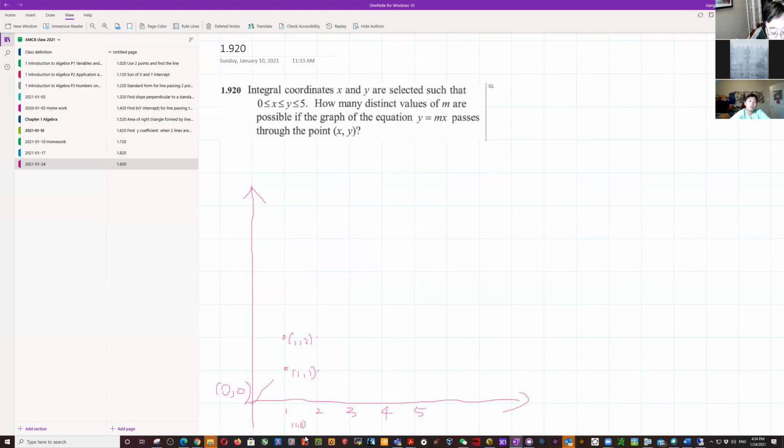So basically inside this area, 1, 2, 3, 4, and 5, inside this area is the working region. How many distinct values of m pass through a point? So these are the grid points which are legit.